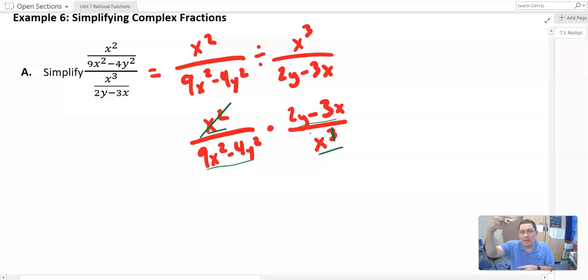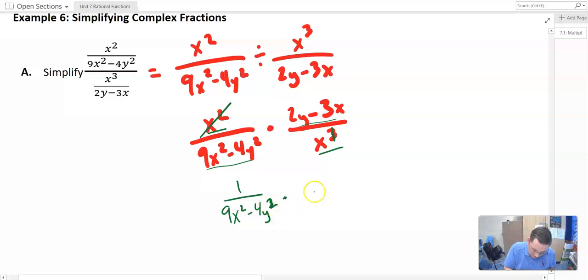So I can go back and use that -1 rule that we talked about a couple of examples ago and rewrite this. So that's canceled, so there's a 1 here now. 9x squared minus 4y squared, excuse me, times -1 times 3x minus 2y over x.